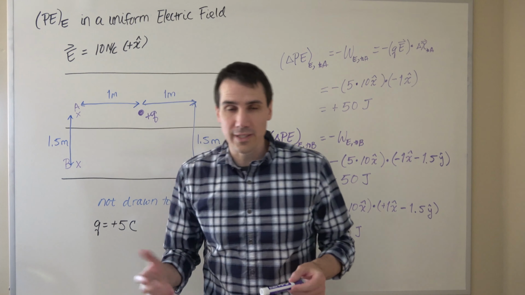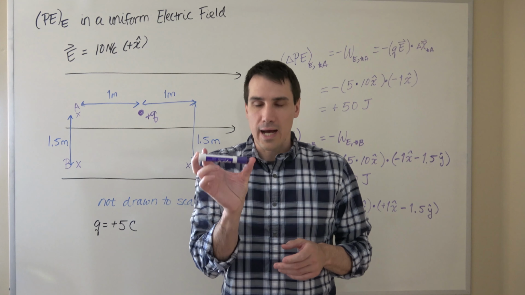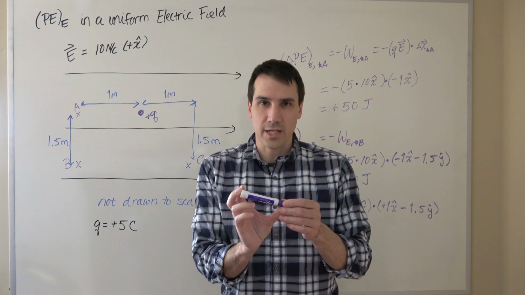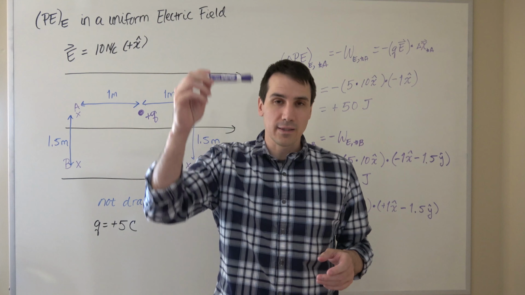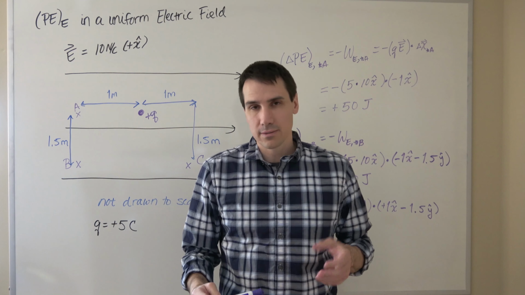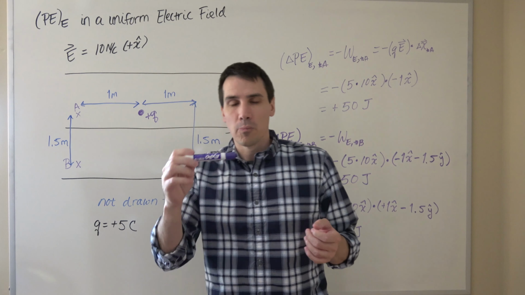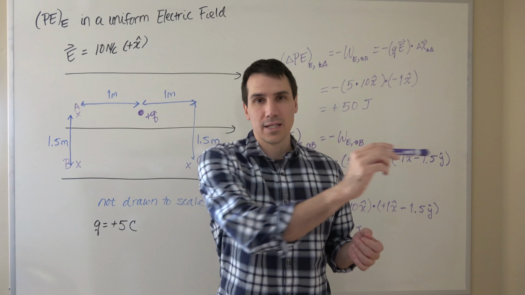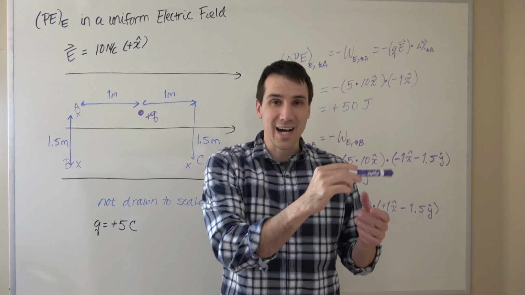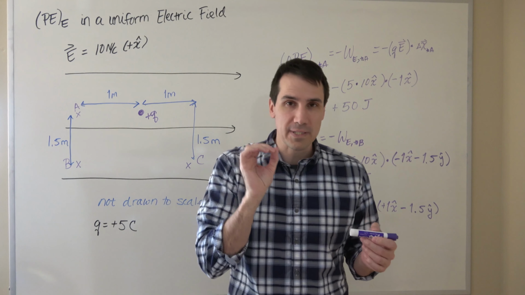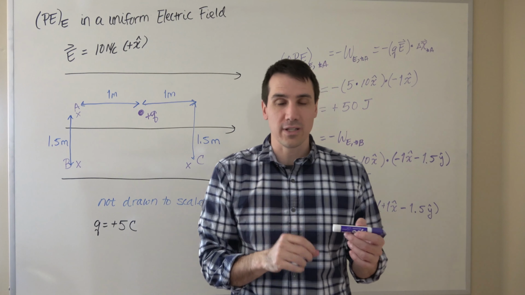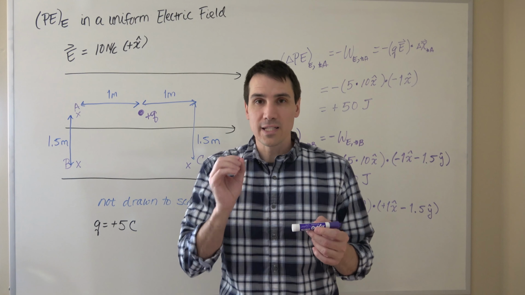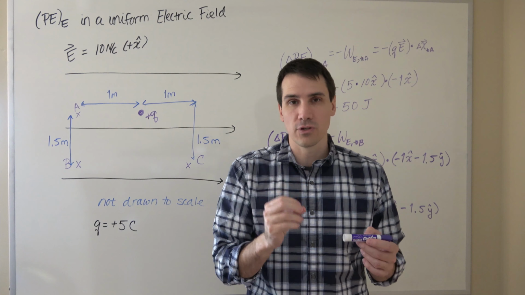The gravitational analogy to this is I can increase the gravitational potential energy of my pen by lifting it up, or I could decrease it by dropping it. But if I move the pen side to side, I am not changing the potential energy due to gravity of my pen. That is because I'm moving it perpendicular to the gravitational force.